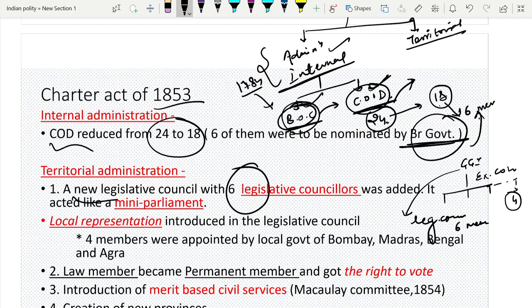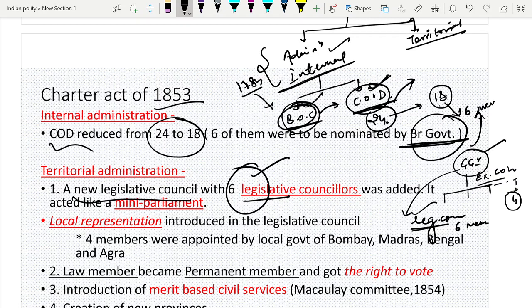This is how you can see the separation of functions: executive functions were separated from legislative functions with the help of this act. It means that from now onwards legislation was also an important work for the GGI.